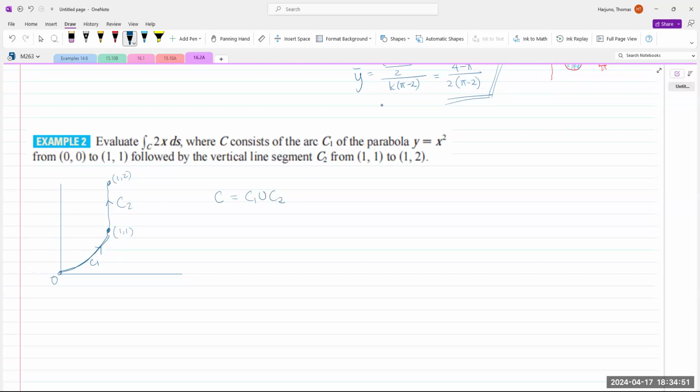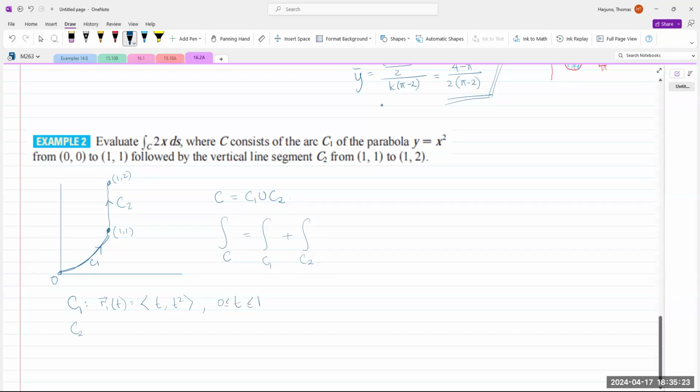Now what I want to emphasize is that the integral over C equals the integral over C1 plus the integral over C2, each with its own parameterization. In C1, let's call it R1(t) equals (t, t squared), where t is from 0 to 1.